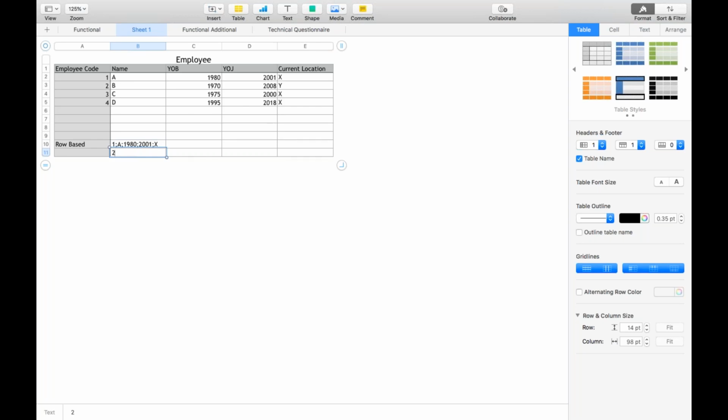Similarly, the second row will be the second record: 2, B, 1970, 2008, and Y. Similarly, 3, C, 1975, 2000, X. Last one, 4, D, 1995, 2018, and X. This is how the data is stored when we are using row-based data storage in the background.